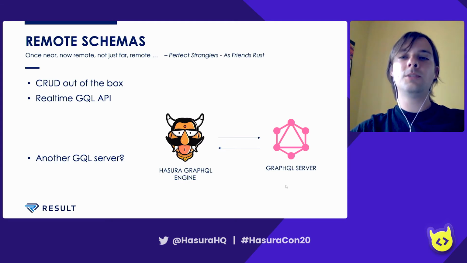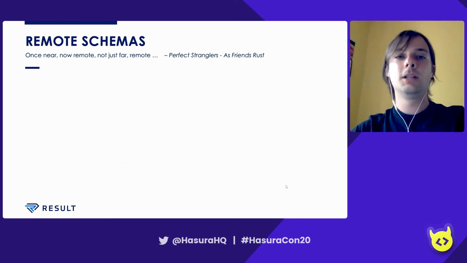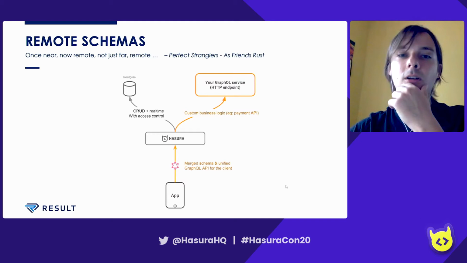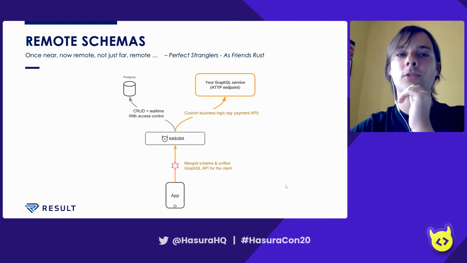Basically, remote schemas allow us to merge an existing GraphQL schema into Hasura itself and also use it through Hasura. This is from the Hasura documentation. We have an app which communicates with Hasura, and Hasura is able to communicate with other GraphQL services and also the GraphQL it has created for us.